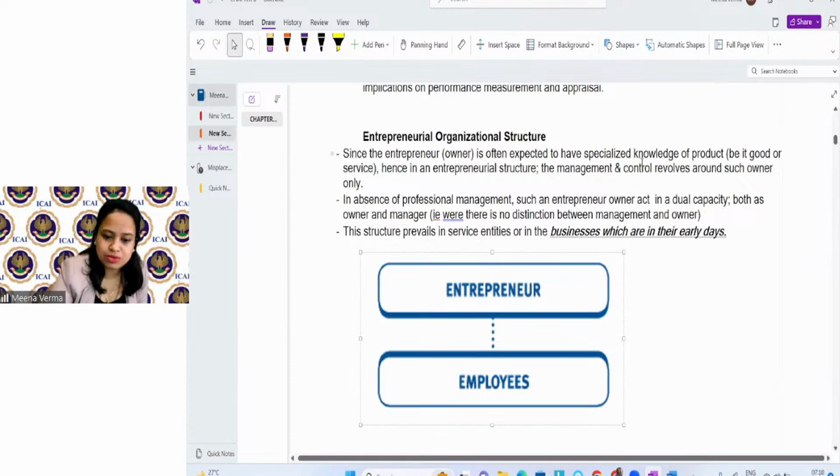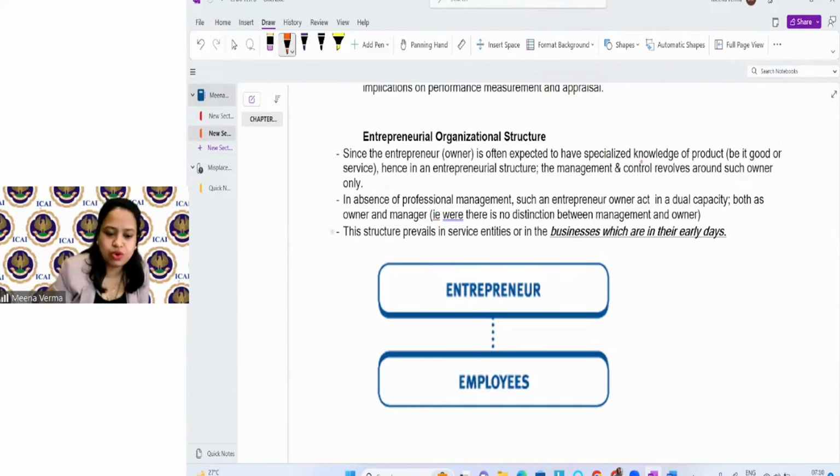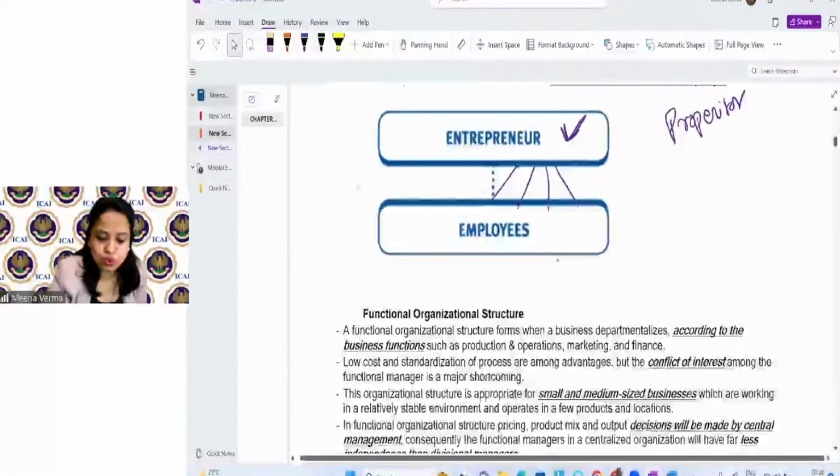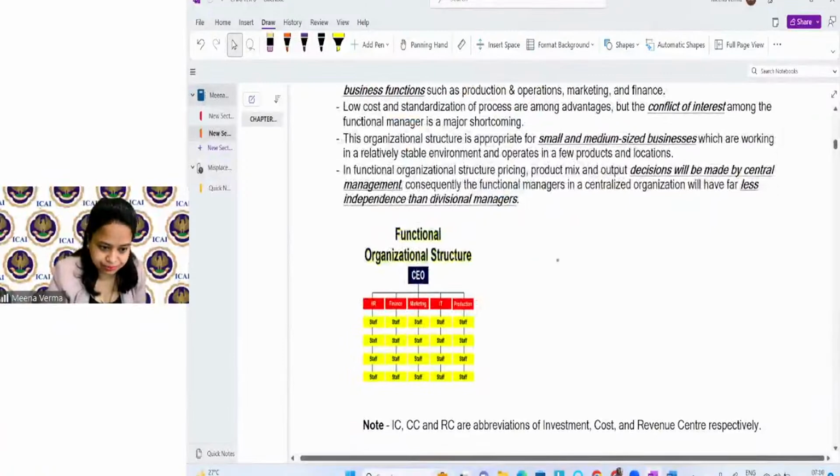You are all commerce students. I assume that you all know about proprietary firms, right? Proprietary firm means proprietor. You know, where there is one single sole proprietor and there are multiple employees, right? This is one of the structures. One person is the owner and there are multiple employees.